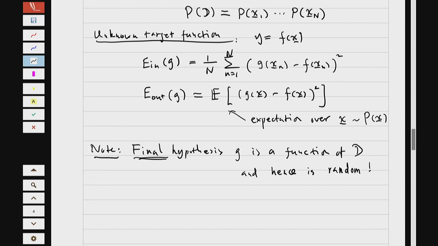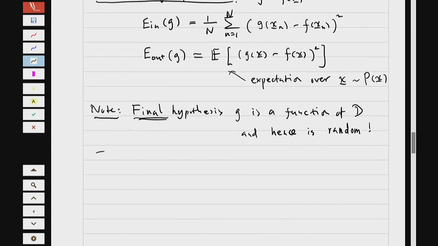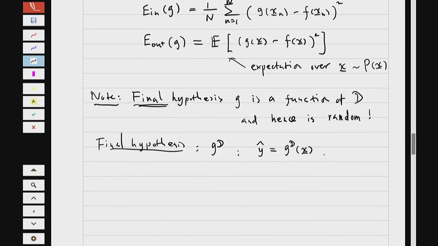So we're going to give a new symbol just to indicate this. We call the final hypothesis g of D. In other words, our estimated label, y hat, would be g of D of x for any x.